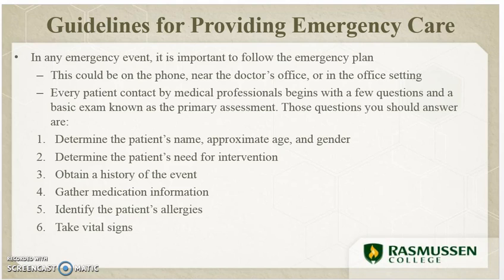You'll also need to determine the patient's need for intervention. Try to obtain a history of the events. Gather as much medical and medication information as you can. Identify their allergies, and if they are in your facility or near your facility, you need to take vital signs.